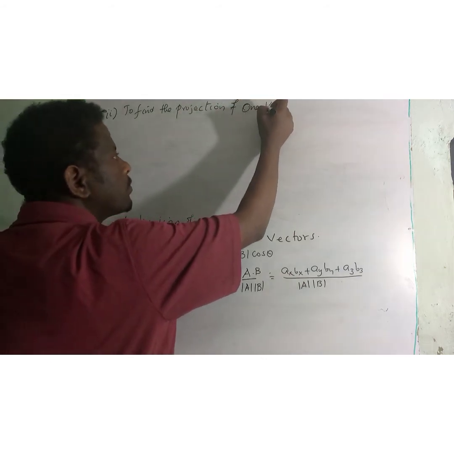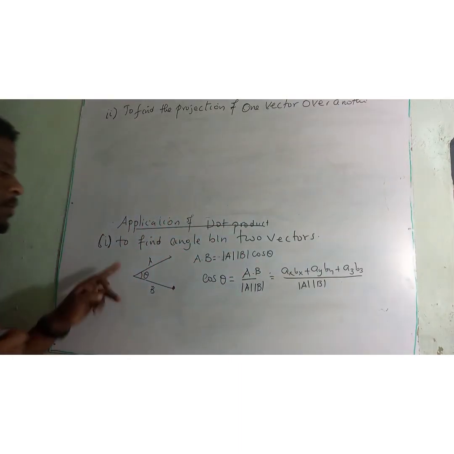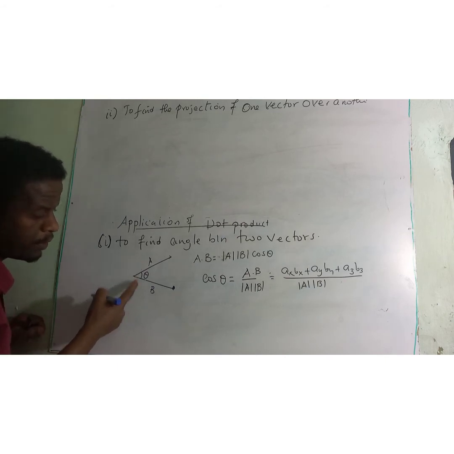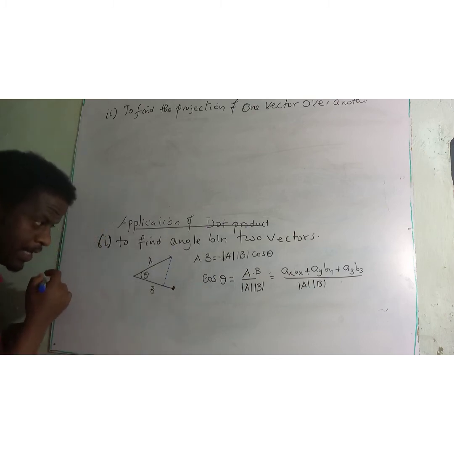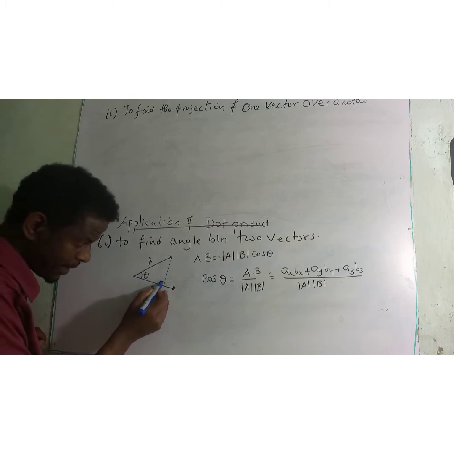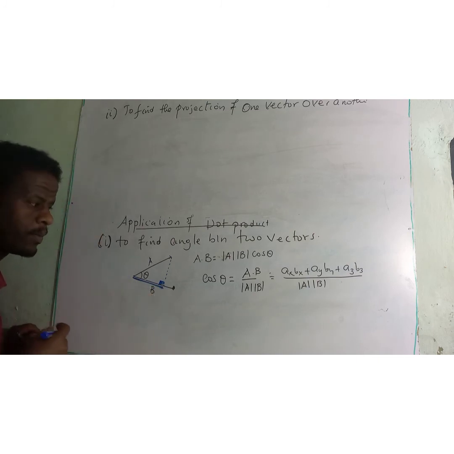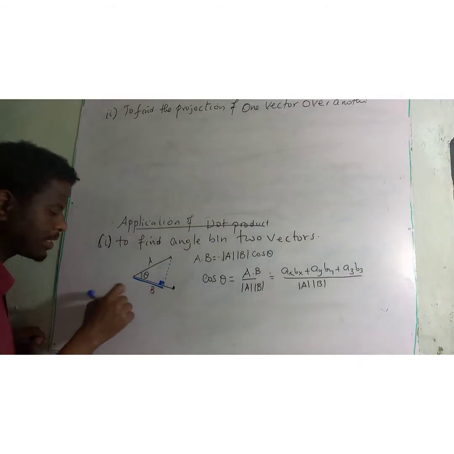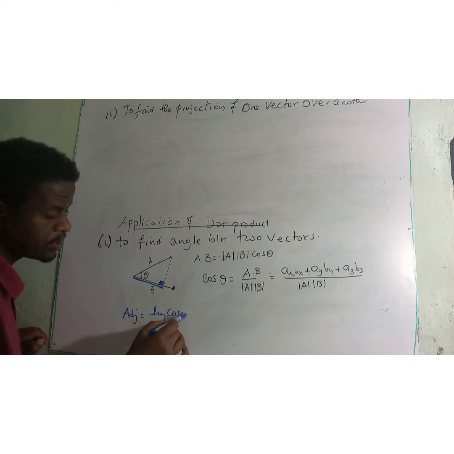Again, from this diagram, to find the projection of A on B, first we draw a perpendicular line from A to B. Then the adjacent side of the right angle triangle, which is this one, from the trig identity, adjacent equals hypotenuse times cos theta.